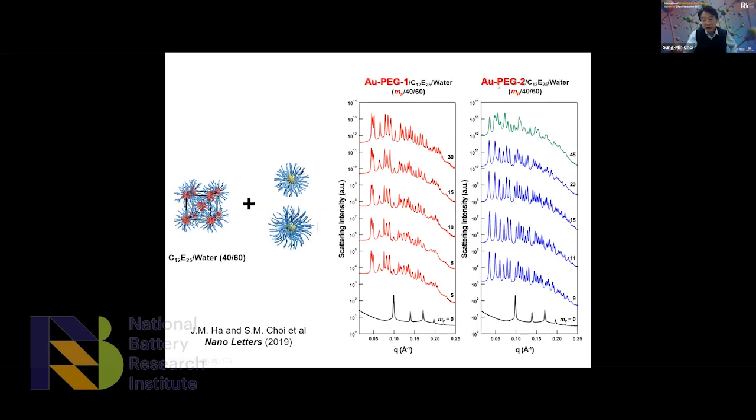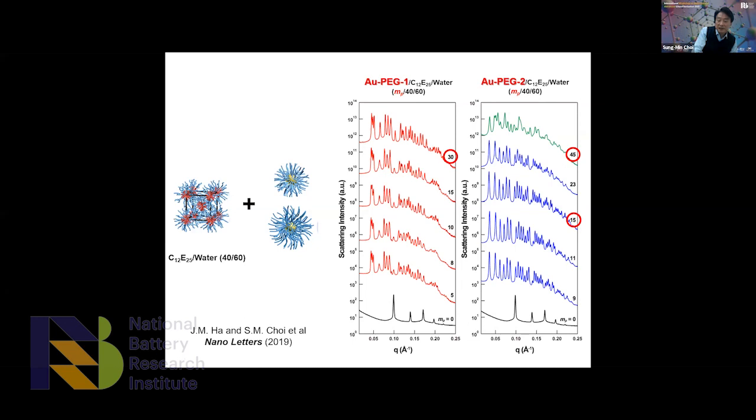And another thing: if you add to the same surfactant system this nanoparticle with a longer chain, it also shows a very sharp scattering pattern of different symmetry. And then if you increase the amount, at some point there is also some change in the scattering pattern as well.